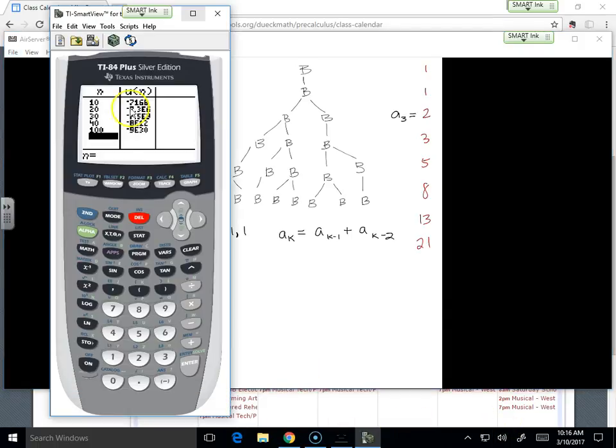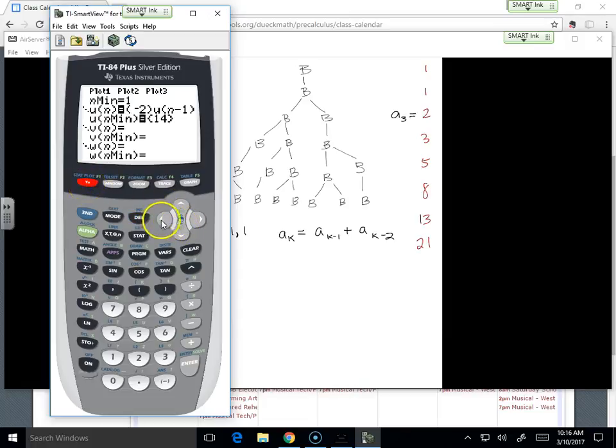Let's see. Any ideas? How would we put this up here? I'm going to first clear out my table because sometimes these big numbers, oh, that's not a table, that's a graph. Sometimes these big numbers can kind of mess up when I put it in a new sequence. So let's delete. Recursive formulas don't have to just be built on 1 previous term. Sometimes they're built on 2 previous terms. So n min is 1. Can I try to make my first 2 terms 1 and 1?